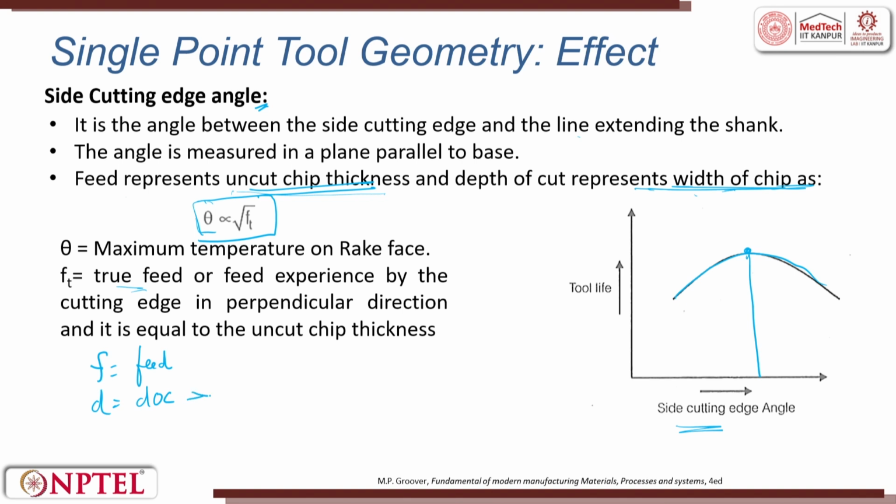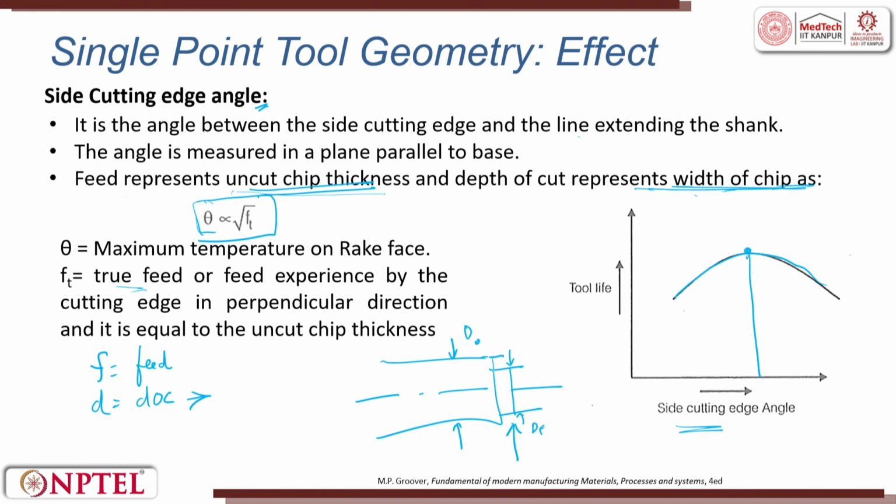F is called the feed, D is called the depth of cut. Depth of cut is, when you machine a workpiece, your tool pushes in from this side, perpendicular to the axis of rotation. Here it was D original, and this is D final.